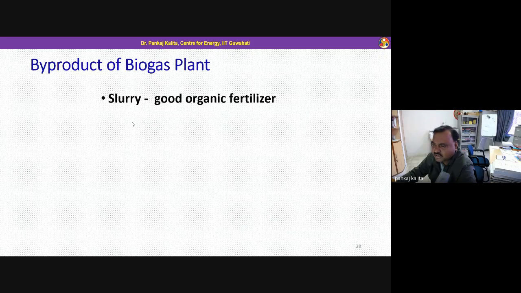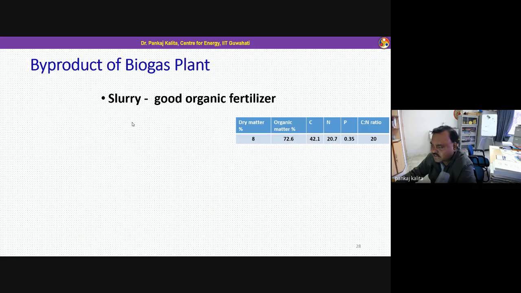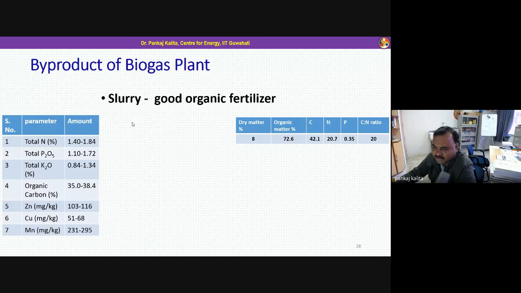So now let us take a quick study on byproduct of biogas. It's a slurry, a good organic fertilizer, and you can see these values of C and P, the C:N ratio of this fertilizer, and other content: nitrogen, then phosphorus pentoxide, then other elements present.